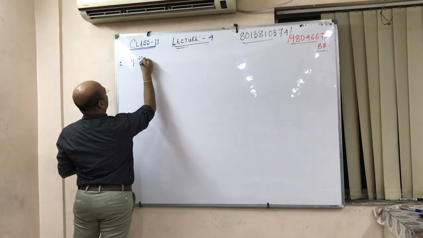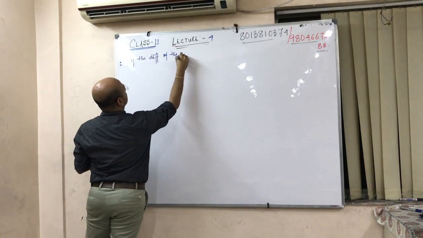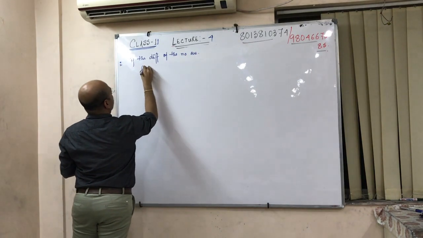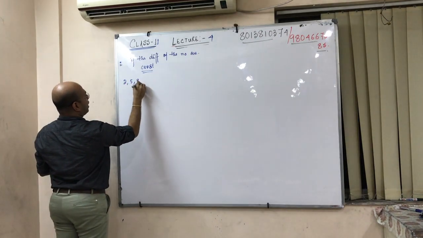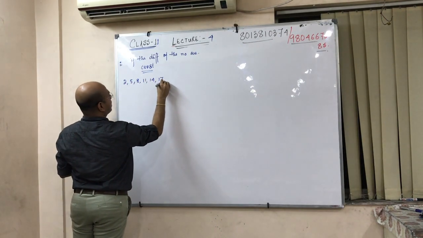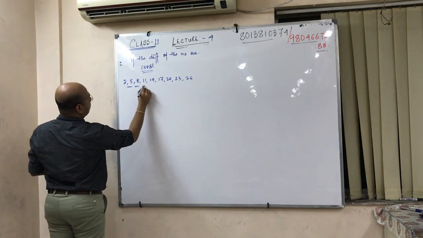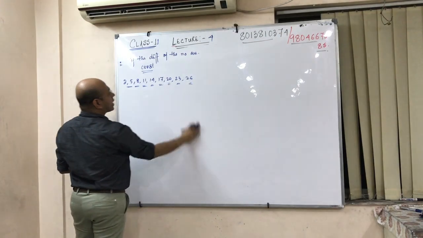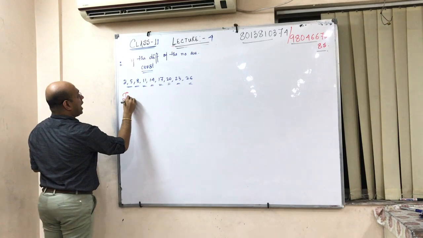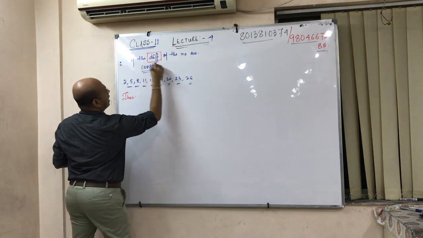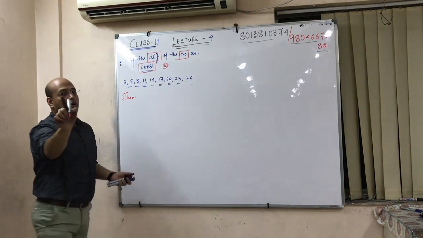If the difference of the numbers are constant, see it's 2 5 8 11 14 17 20 23 26. See, the difference between them is constant, okay, check it out. The difference is always constant. Then it only happens if the difference is constant, or else you can't do it, okay.